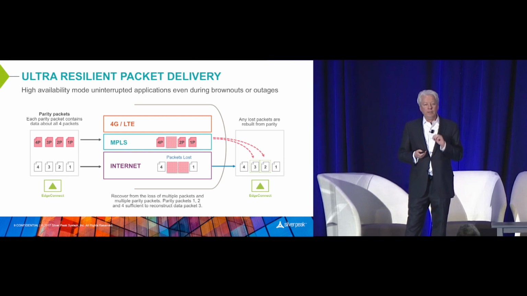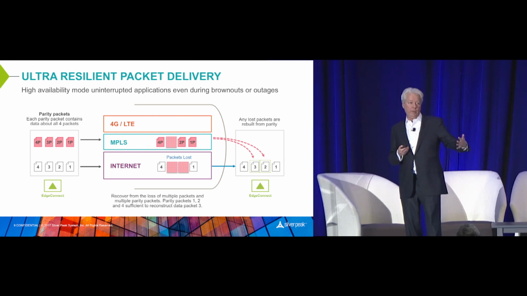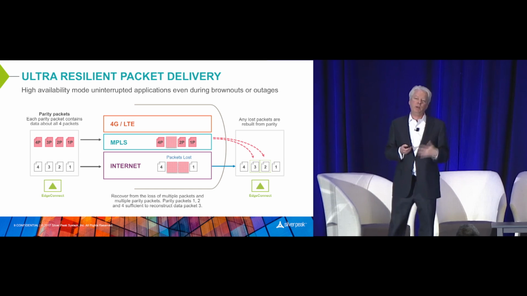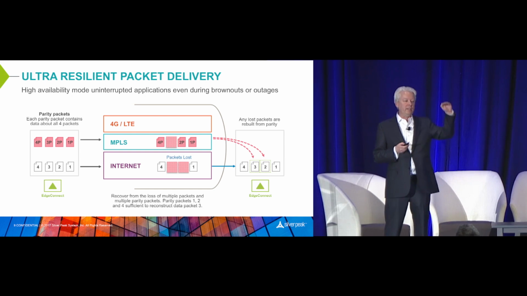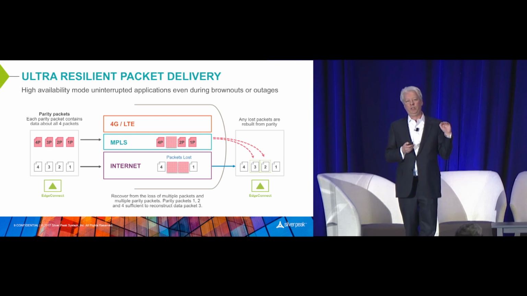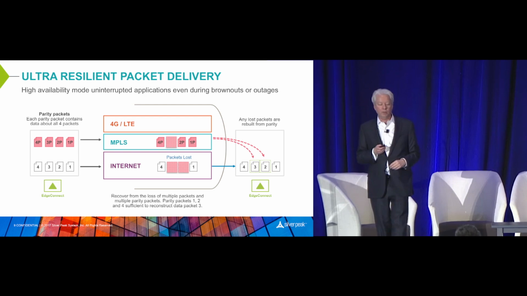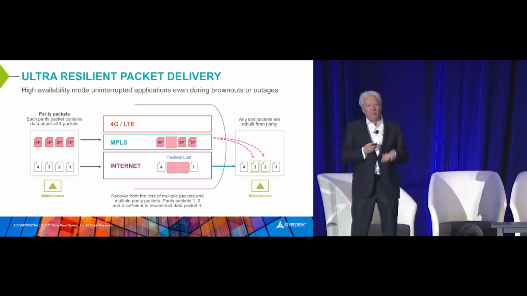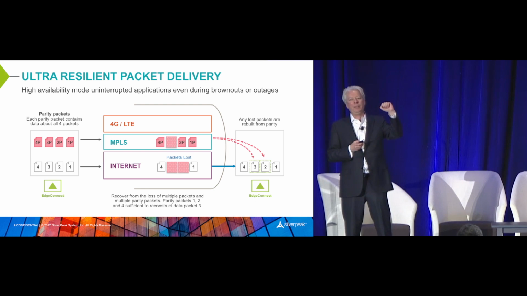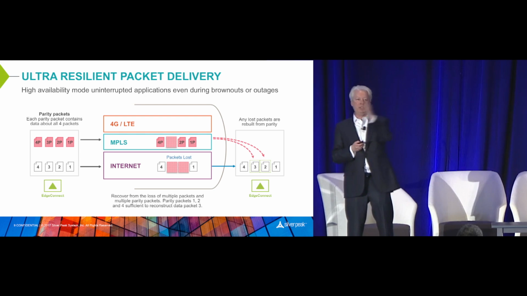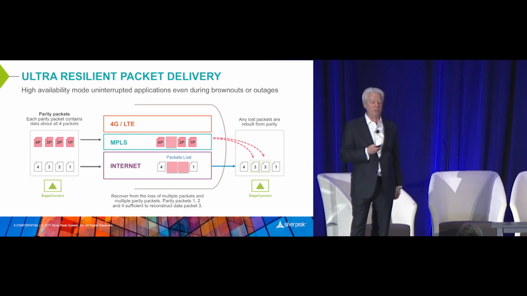And so this is something where there's an overhead involved in doing it. And where we've applied machine learning is in adapting the amount of error correction overhead we use on each path in response to what we've measured in the recent past. And so in order to be in the right place in terms of how much overhead I add and how much quality of service I deliver, we use machine learning.